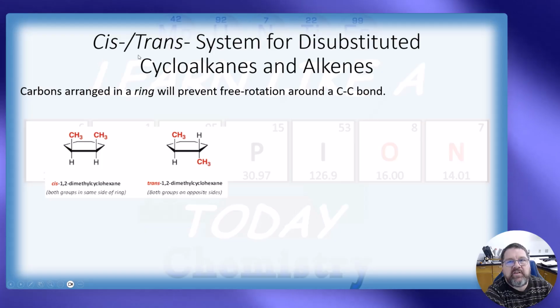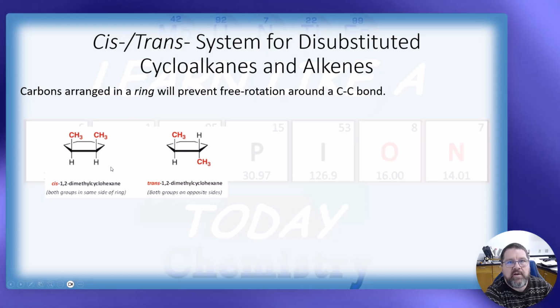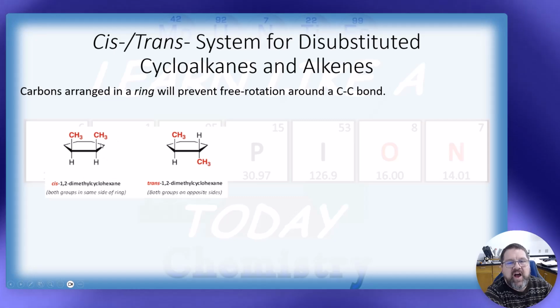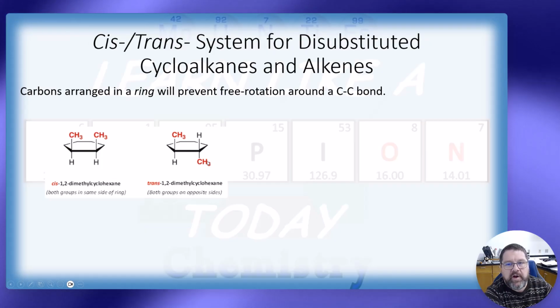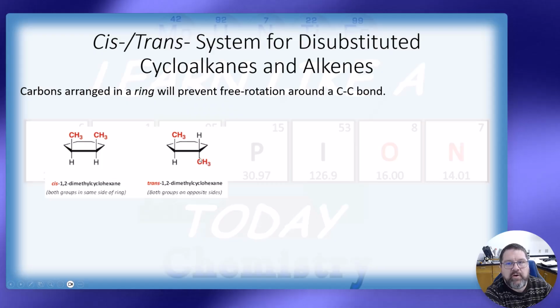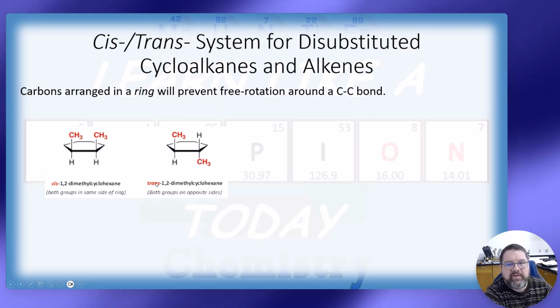The cis and the trans identifiers are used to indicate the relative position of those substituent groups. When your groups are on the same side of the ring, then they are in the cis configuration. When they are positioned opposite one another, on opposite sides of the ring, or catty-corner if you want to think of it that way, that would be the trans arrangement.